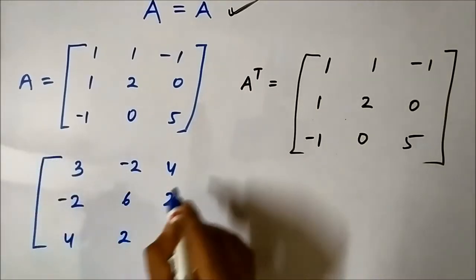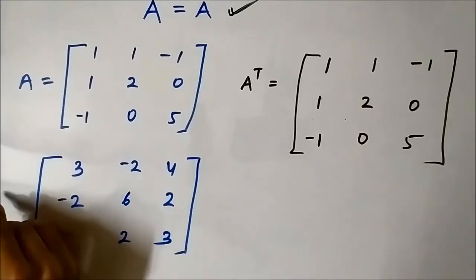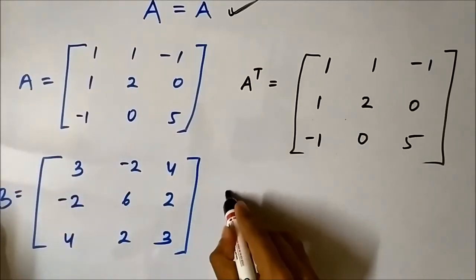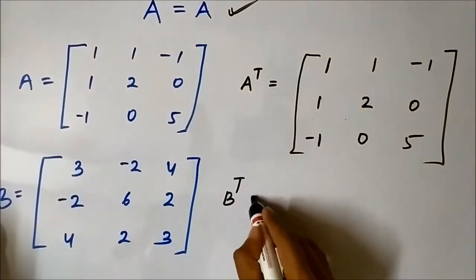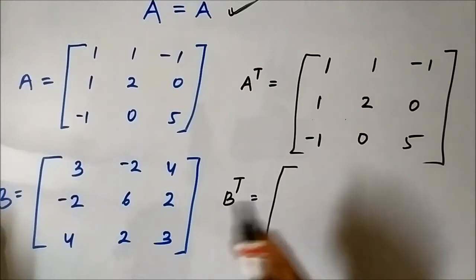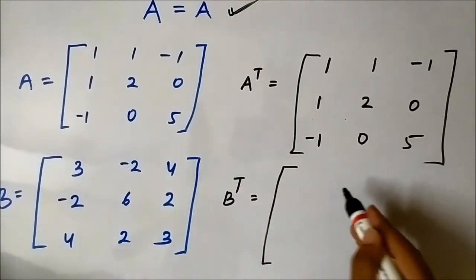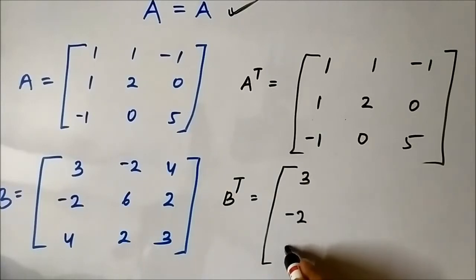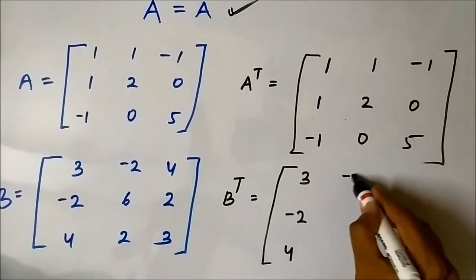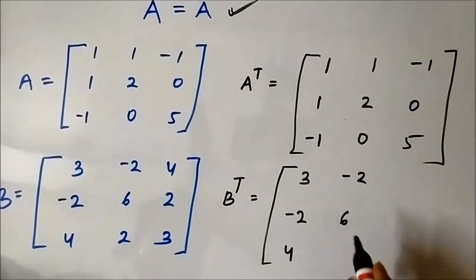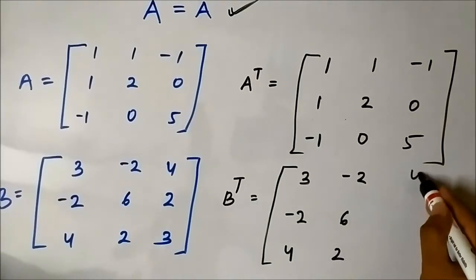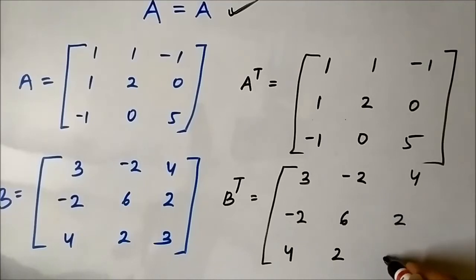Let's say this is matrix B. Now for B transpose, we replace the rows with the columns. The first row becomes the first column: 3, minus 2, 4, then minus 2, 6, 2, then 4, 2, 3.